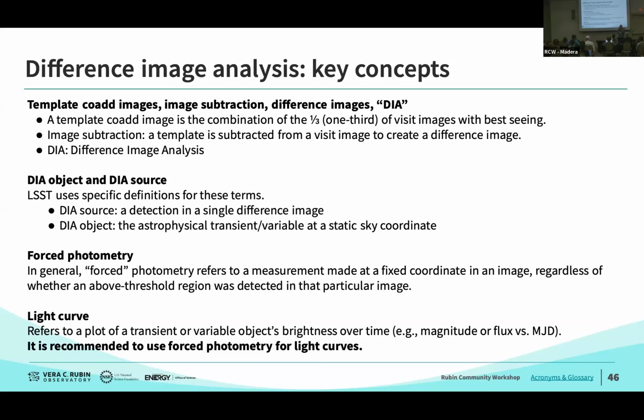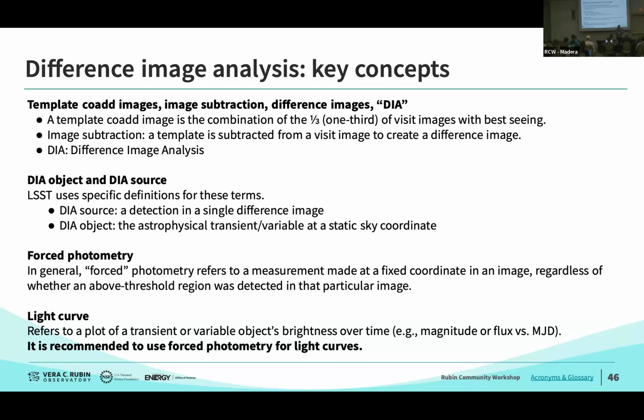Then of course, whenever we do take a visit image, we do that image subtraction, and you'll see the initials DIA quite a bit. That's difference image analysis. Otherwise, from then on, all of the data products are analogous to what you've already heard about for the static sky images.